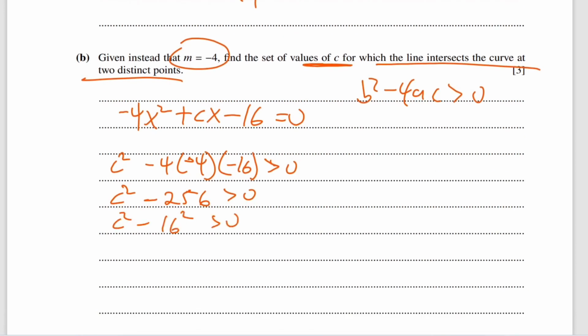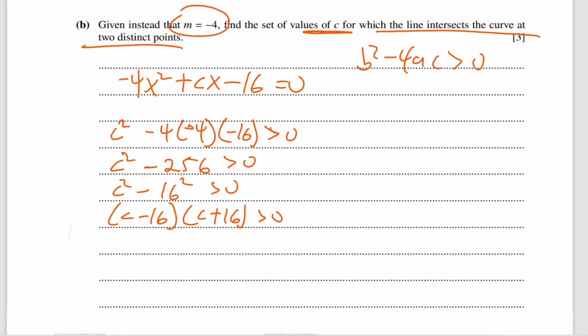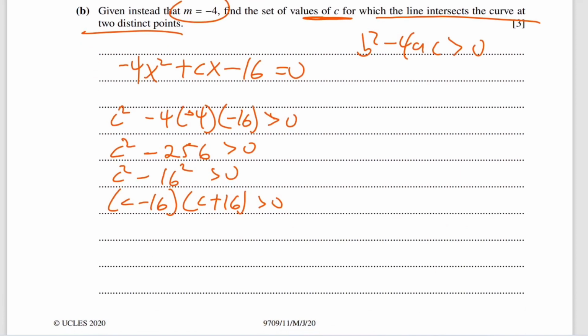So we have difference of 2 squares here. Maybe you didn't see it coming, but with practice, you see some of these things from a mile apart. So the critical values are c equals -16 or c equals 16.